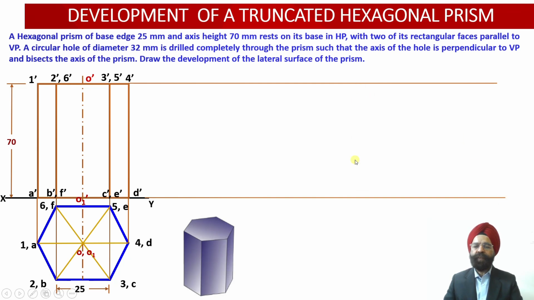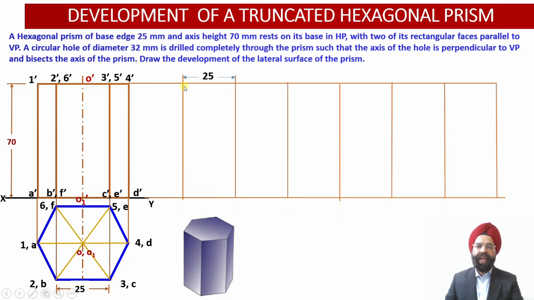Now the distance between these two projector lines is going to define the true length, or the height, of the vertical edges of this particular hexagonal prism. Now we are going to start development from the vertical edge 1A over here. Once we locate edge 1A, we know that the edge length for this hexagonal prism happens to be 25 millimeter.